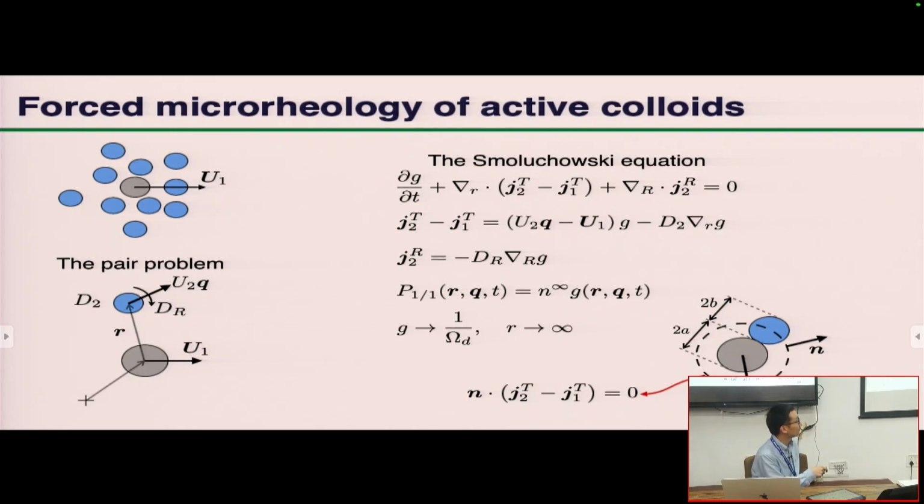That's the geometry of contact. The radius measured from the probe at contact is just the sum of the two radii. And at contact, particles cannot penetrate into each other, which means there's no flux going into this surface. So n here is the normal vector of the contact surface, and the net flux is 0.